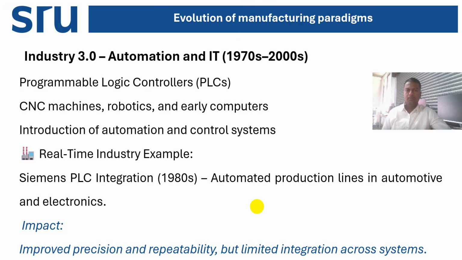This made it possible to make most factories IT-enabled automation factories. With this, PLCs, that is programmable logic control units, played a major role in making CNC machines robust, with the integration of computers.